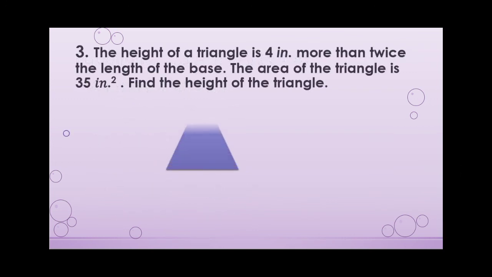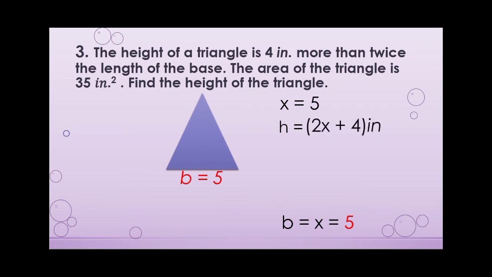Okay, so we have now the triangle. Its base is, or the value of x is 5. So, ibig sabihin, the base is 5. Then, the height now of the triangle is h is equal to 2x plus 4. So, 2 multiplied by the value of x, which is 5, plus 4.